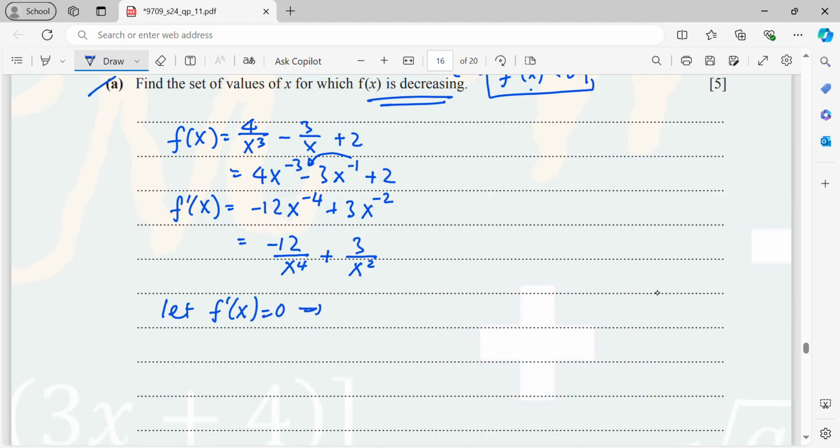That means minus 12 over x to the power 4 plus 3 over x squared equals 0. To solve this, you times the whole equation by x to the power 4. Okay, so I will get minus 12 plus 3x squared equals 0.